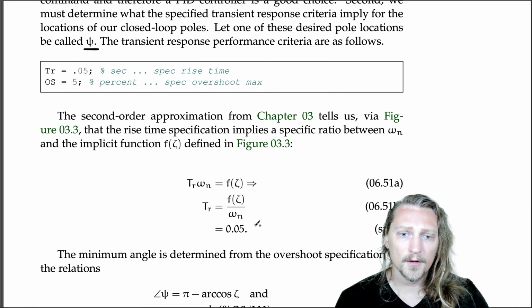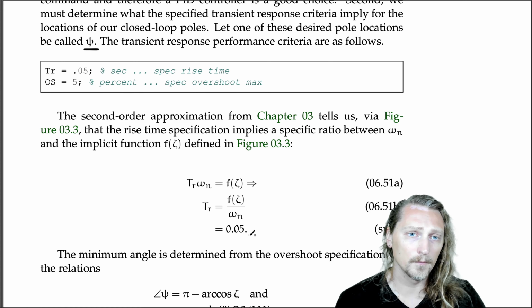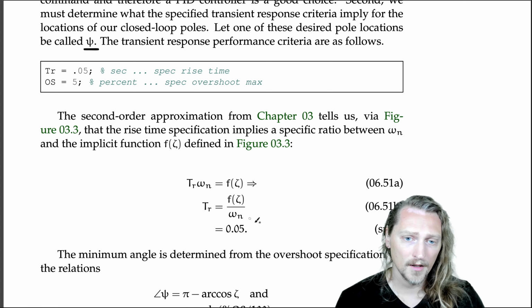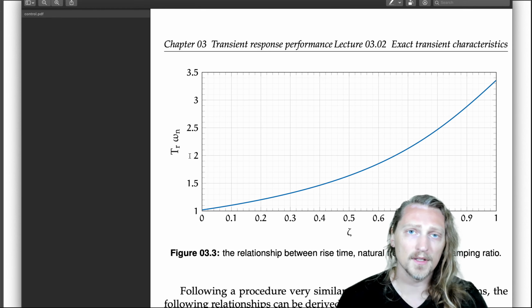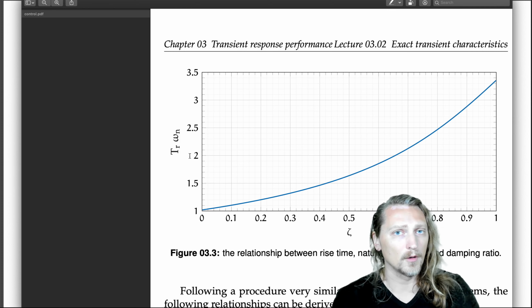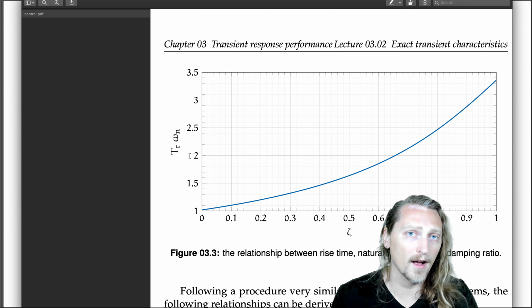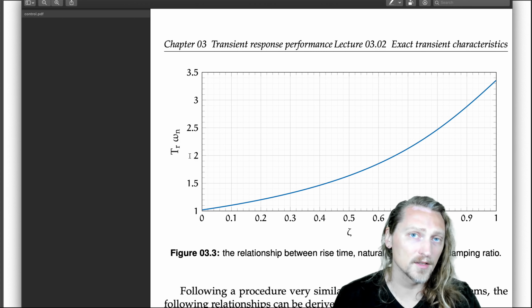So we know that the rise time should be around 0.05. So we'll set TR to be 0.05, and we'll use this figure to relate the natural frequency. Once again, it's the second order approximation. So once we include our compensators, we won't have a second order system responding, so it'll just be an approximation.